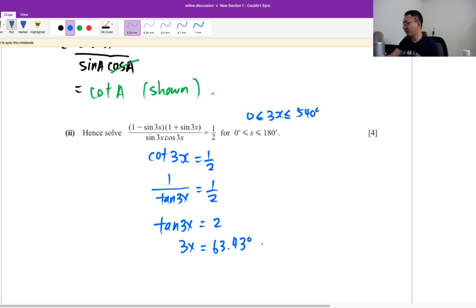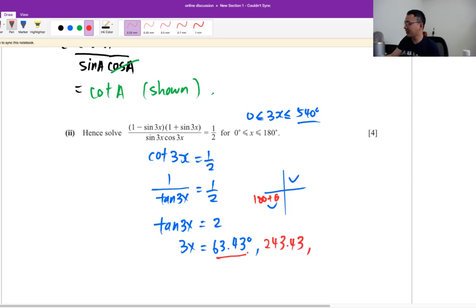But because I want to go up to 540 for my 3x here, I know that tangent is positive in the first and third quadrant, right? How to find the angle in the third quadrant? 180 plus theta, isn't it? So I will plus 180. Then I will get the second one, which is 243.43.